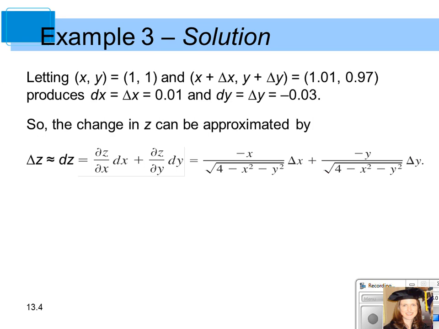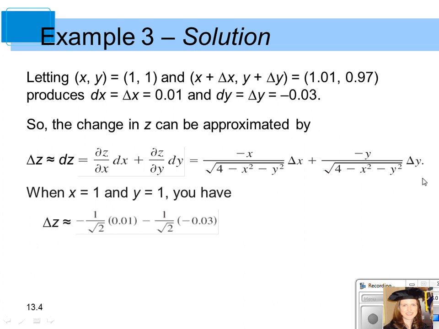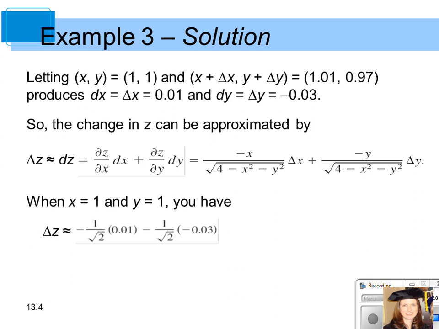Now we want to look at the point where x is 1 and y is 1, and your incremental changes in x and y are 0.01 and negative 0.03. When you plug in those values, you get that the incremental change is approximated by your total differential, which is approximately 0.0141.